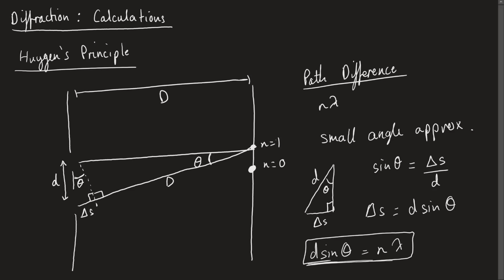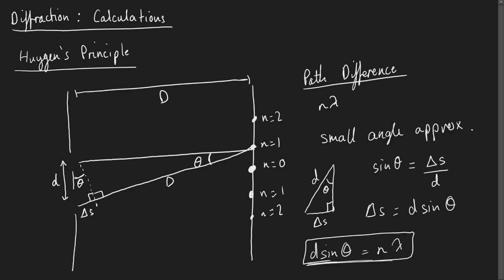To get to n equals 1, this length here has to be 1 wavelength larger than this slit screen difference. To get to n equals 2, the path difference between them is going to have to be 2 wavelengths, and so on. We can have this in both directions.